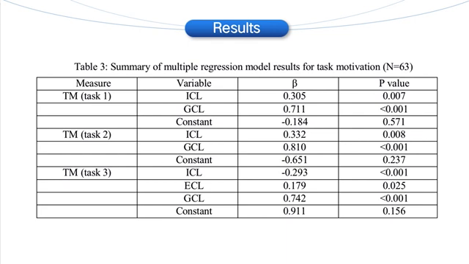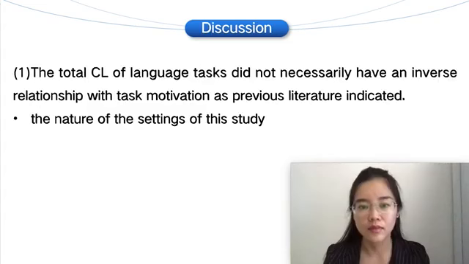The two predictors were able to account for 65.3% of the variance in the task motivation. However, in Task 3, each predictor variable had a significant effect in the model. The three independent variables were able to account for a total of 81.3% of the variance in task motivation.